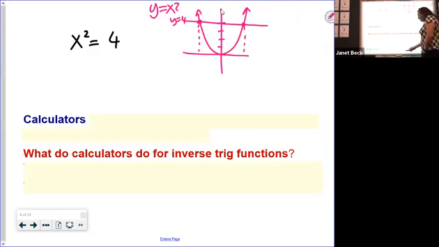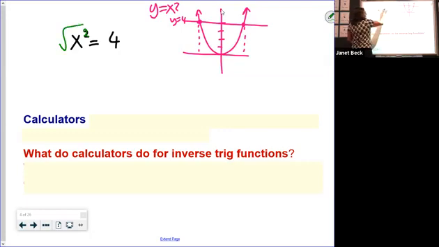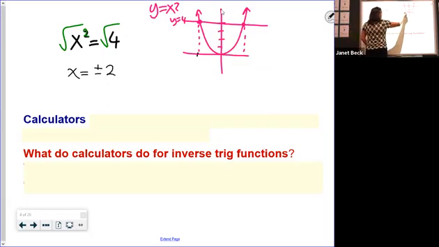If we were solving this algebraically, how we'd undo that squared is we would take the square roots. And that would give us the answers, x equals plus or minus 2. Here's your answer, x is -2. Here's your answer, x is 2.